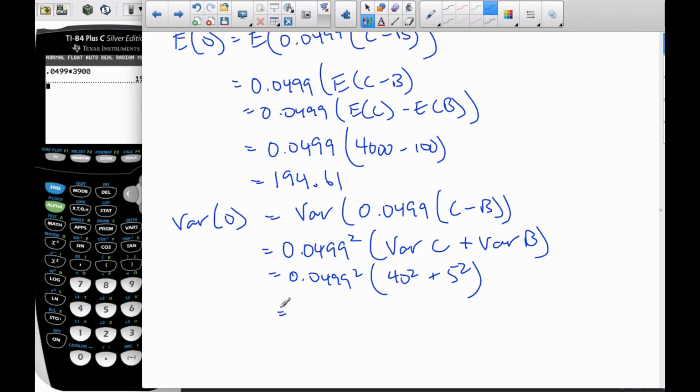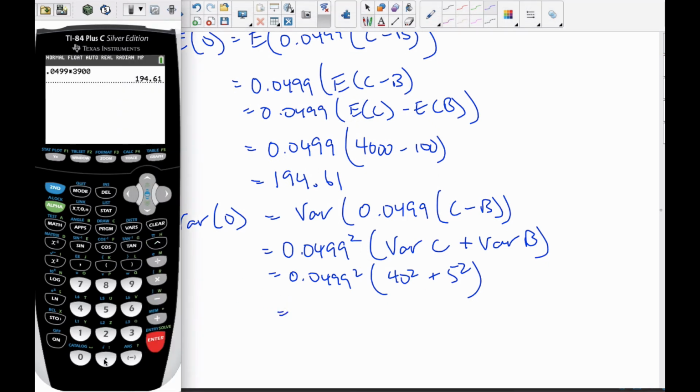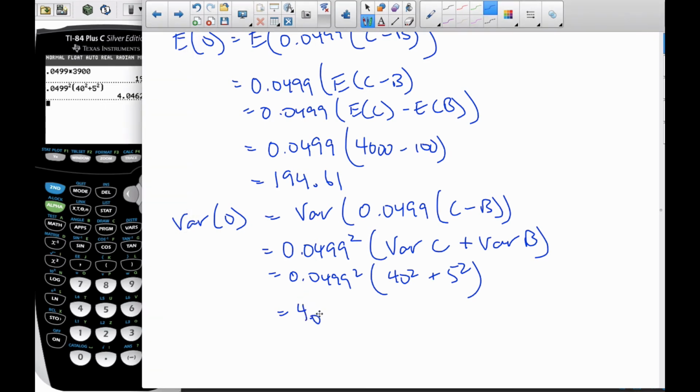And so my variance is going to be 0.0499 squared times 40 squared plus 5 squared, which gives me 4.046. And so the standard deviation of O will be the square root of 4.046.